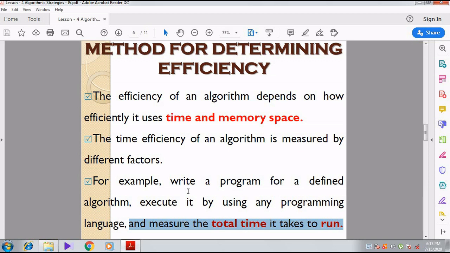Just write the algorithm, and then implement the algorithm in any programming language, C or C++. Then you run the program. Then how much time it takes to execute the program, that particular time is the efficiency of the particular algorithm, time efficiency, right? Time factor, time complexity, we can say like that.